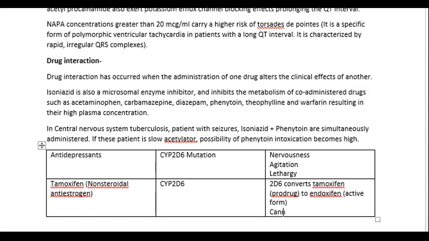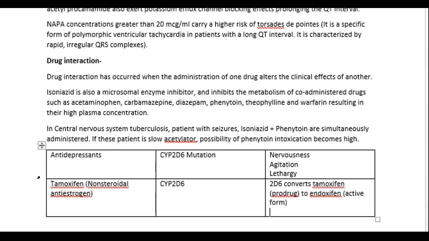And so, what is this tamoxifen? Tamoxifen is a non-steroidal anti-estrogen, which is generally used in the treatment of breast cancer. And tamoxifen is not an active drug. It is a prodrug. After its metabolism by the CYP2D6 enzyme, it is converted into the active form.